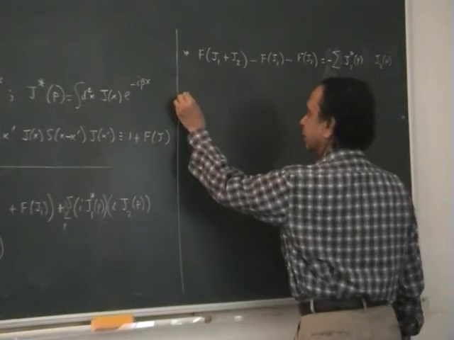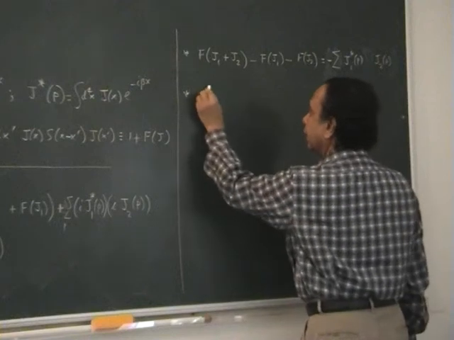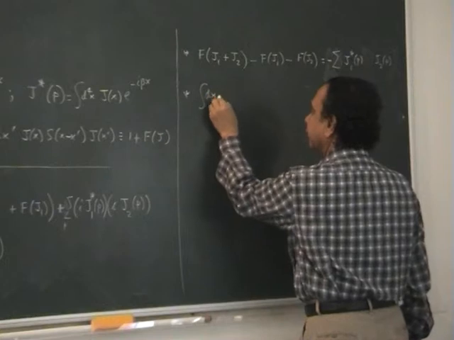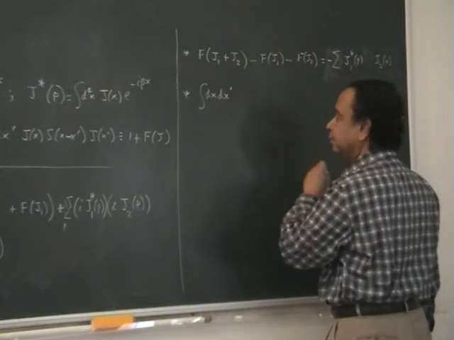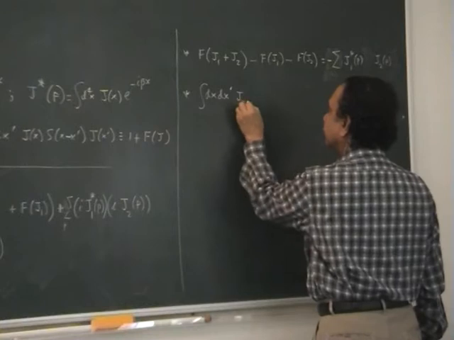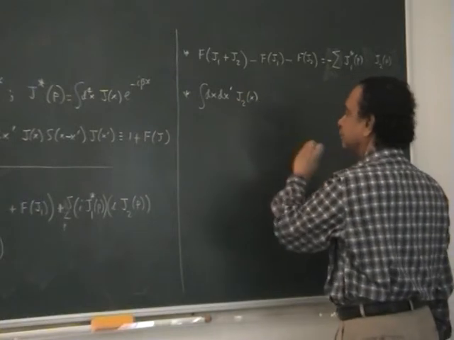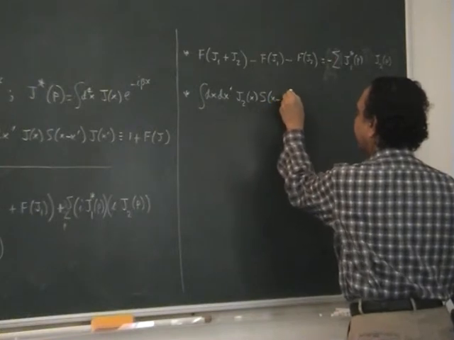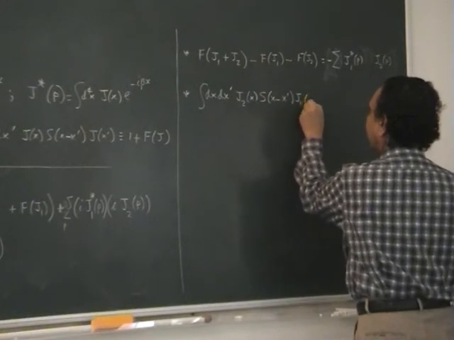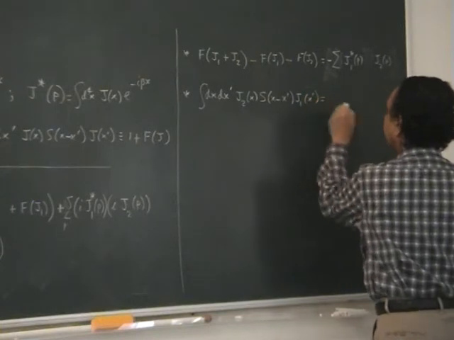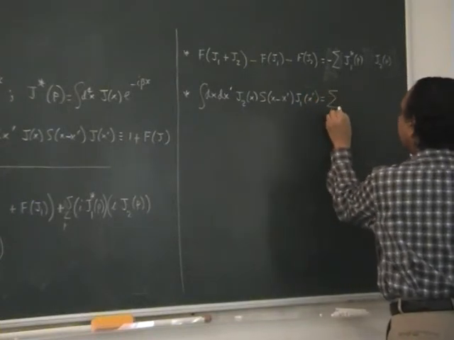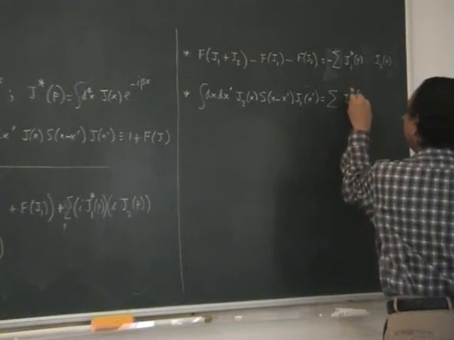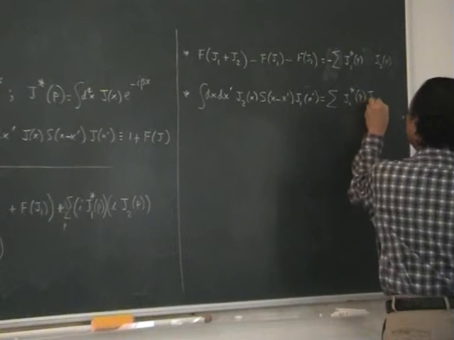So I get a condition that the integral dx dx prime J2 of x S of x minus x prime J1 of x prime is equal to summation over p J1 star of p J2 of p.